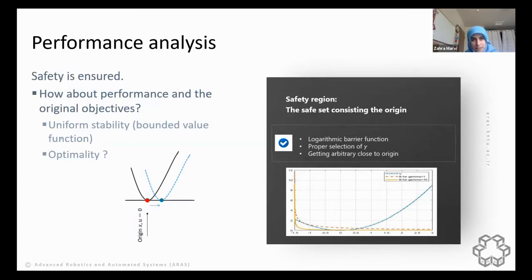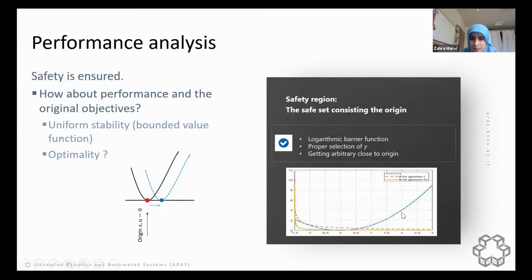When they're in conflict, safety should be ensured. But when they are not in conflict, we want to get a good performance as well. So we define a safety region, which is the safe set containing the origin. What this means is that there is a safe trajectory within our desired set such that we can reach the origin safely. And then we investigated the behavior of the system within the safe region.